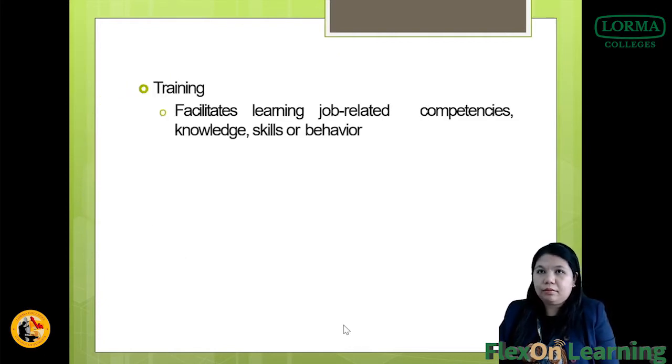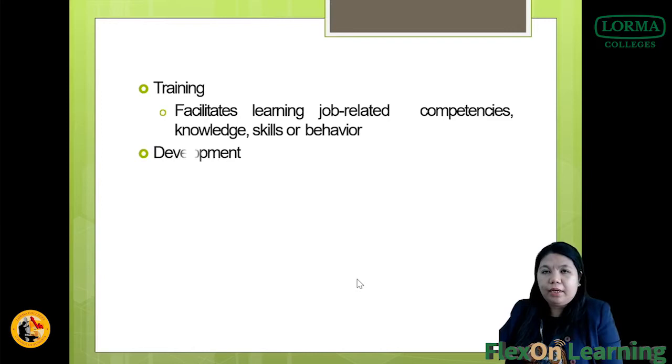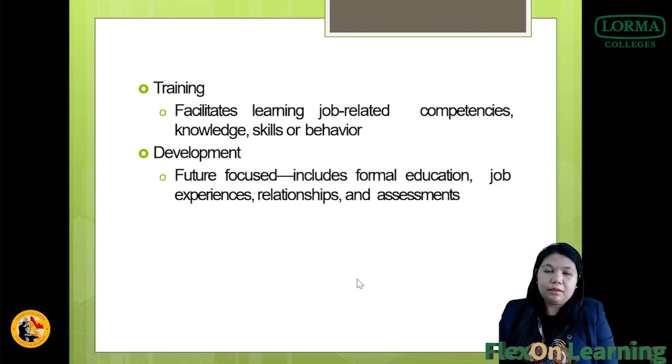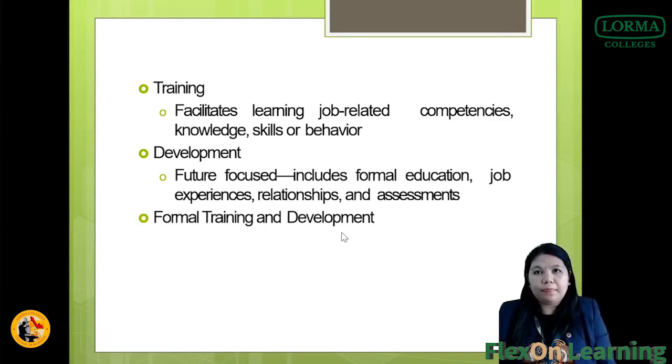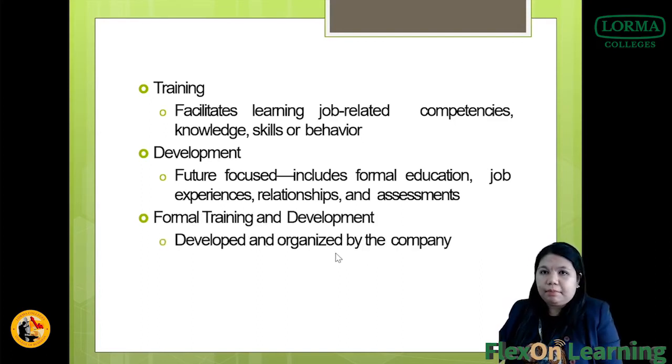Training facilitates learning, job-related competencies, knowledge, skills, or behavior. And development is a future focus that includes formal education, job experiences, relationships, and assessments. The formal training and development is developed and organized by the company.